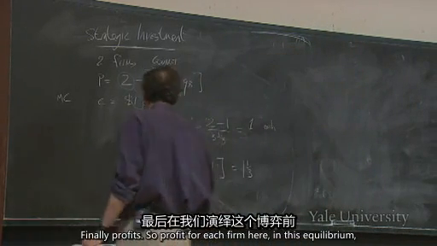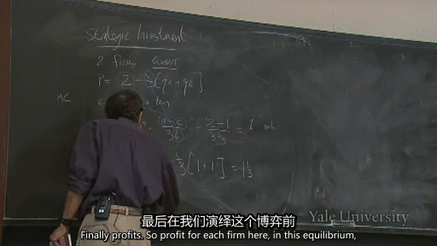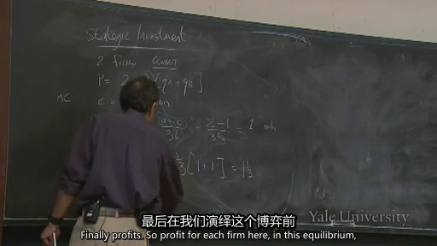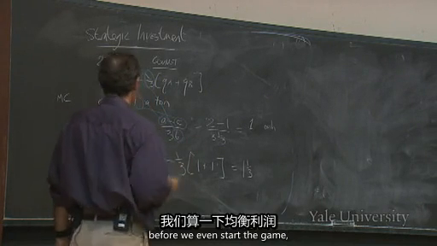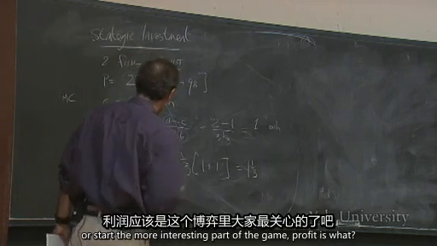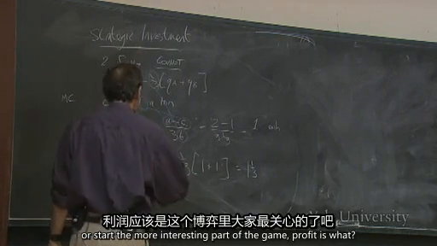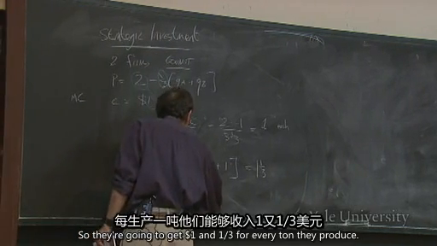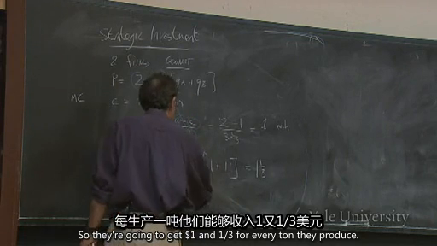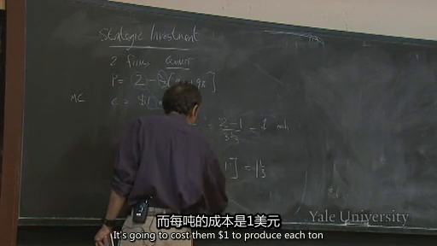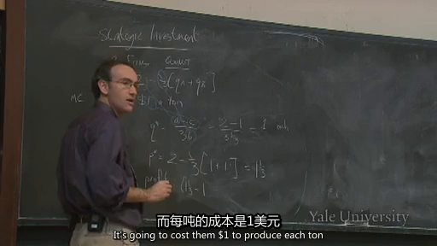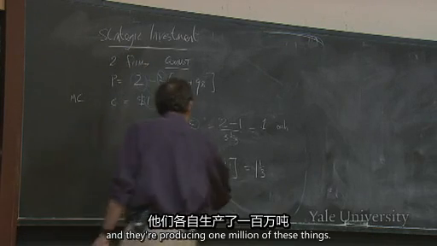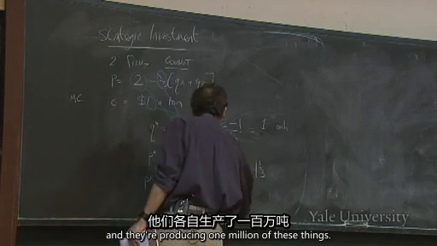And finally, profits. So profit for each firm here in this equilibrium, before we start the more interesting part of the game, is what? They're going to get $1.33 for every ton they produce. It's going to cost them $1 to produce each ton, and they're producing 1,000,000 of these.